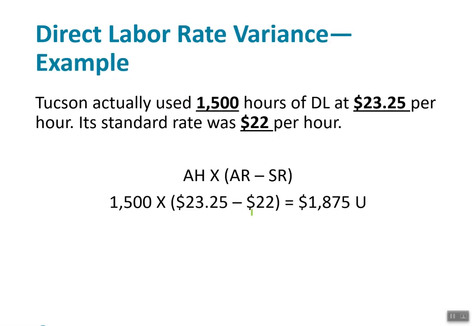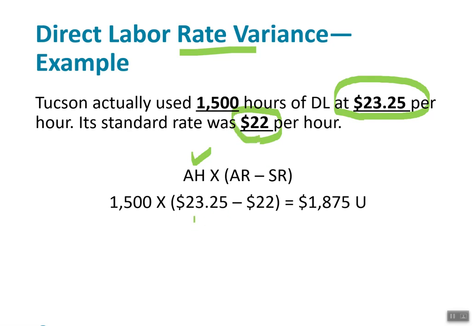All right, so the rate variance then is going to be the actual hours times the difference between the actual rate, which is what you actually paid your workers, and the standard rate, which is the benchmark that we're using.